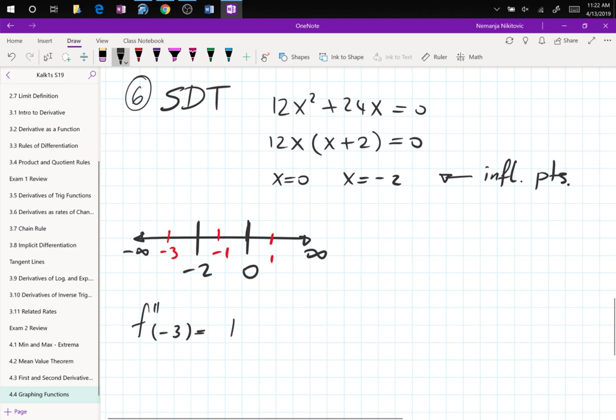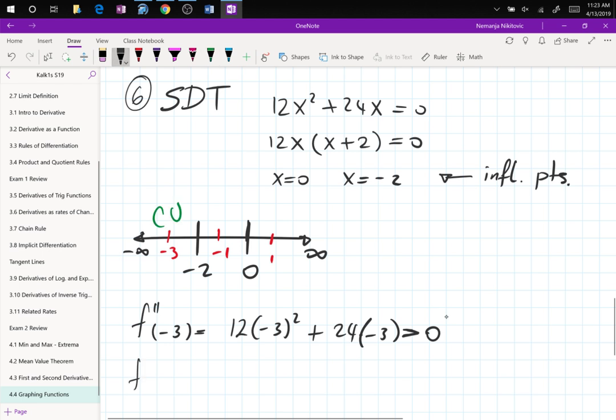At negative 3, that's 12 times negative 3 squared, that's going to be positive, plus 24 times negative 3. 9 times 12 is bigger than 6 times 12. So this is going to be positive, so concave up.